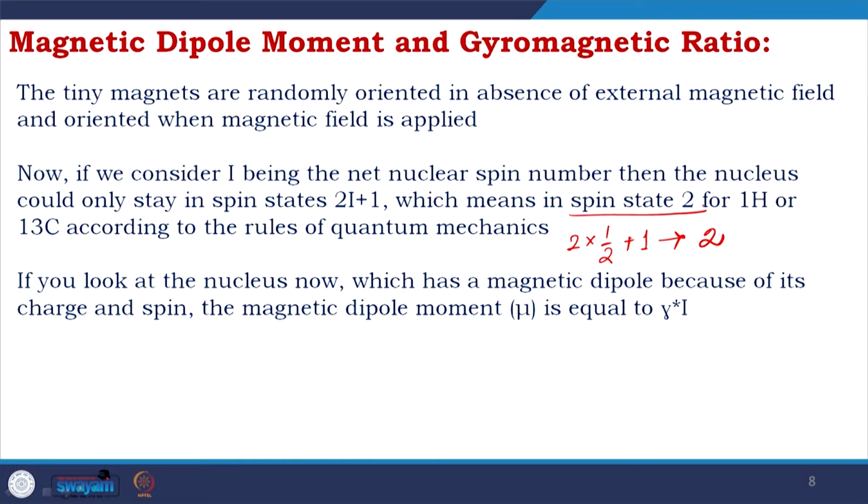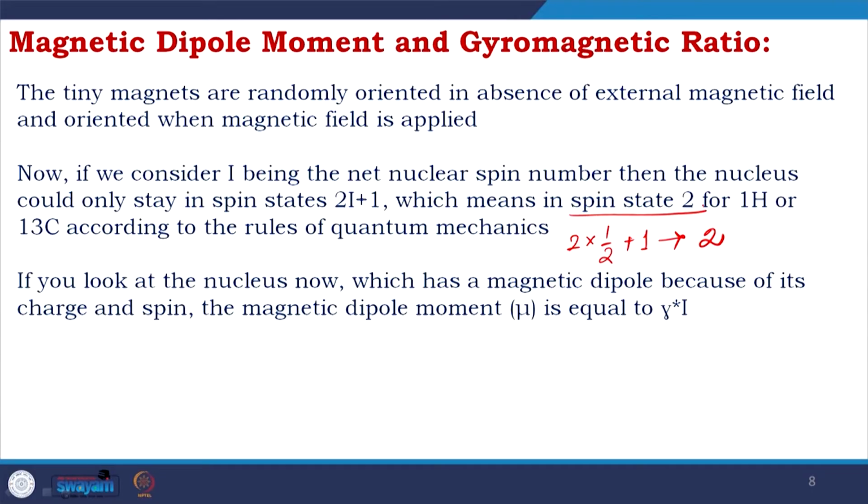If you look at the nucleus, it has a magnetic dipole because of its charge and spin. We know the nucleus has charge because of the charged proton, and it has spin because all the nucleons, both protons and neutrons, have spin.